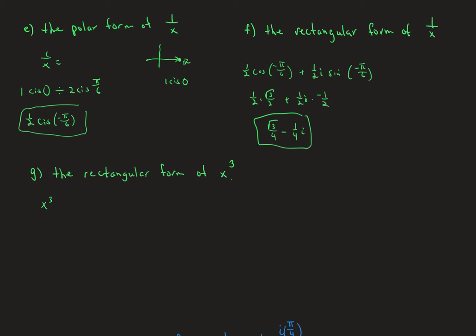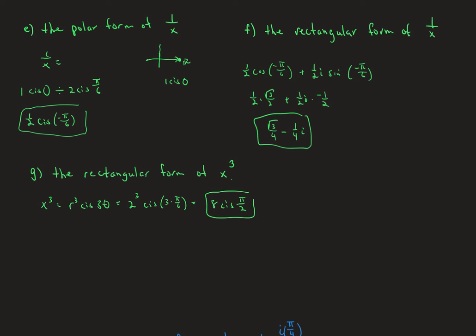So x cubed is going to be r cubed cis 3 theta. And since r for x was 2 and our theta was pi over 6, then we are going to get 8 cis pi over 2.